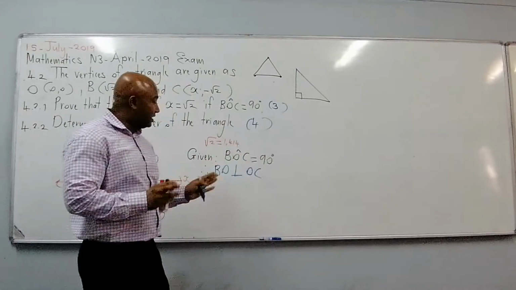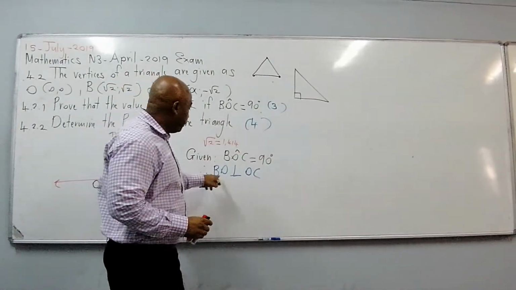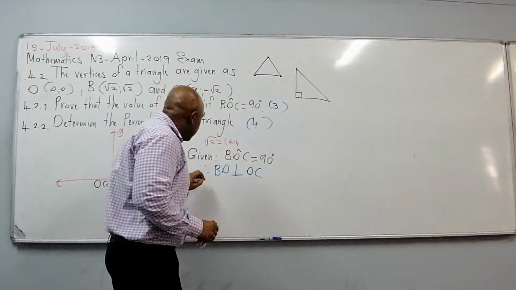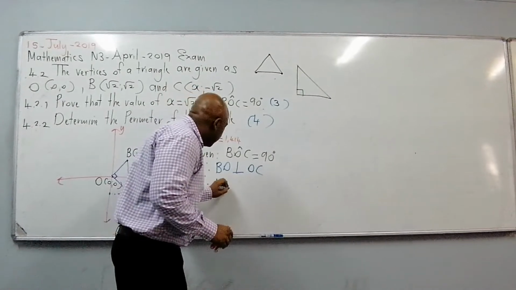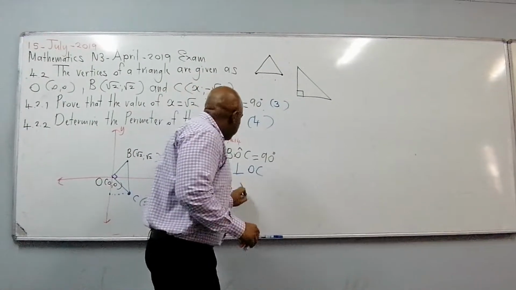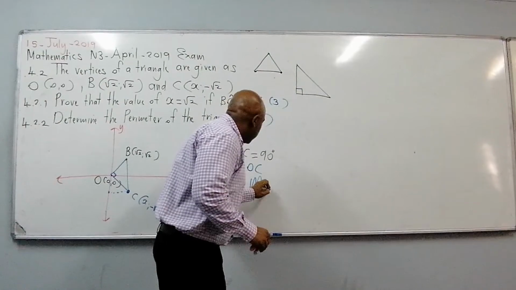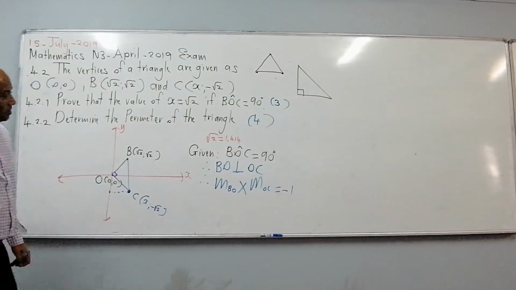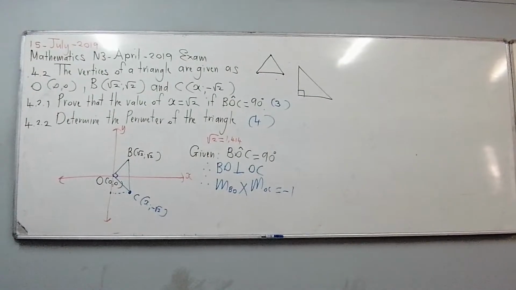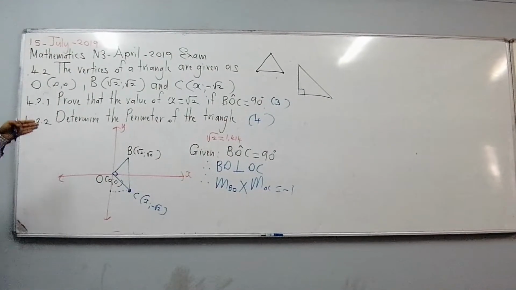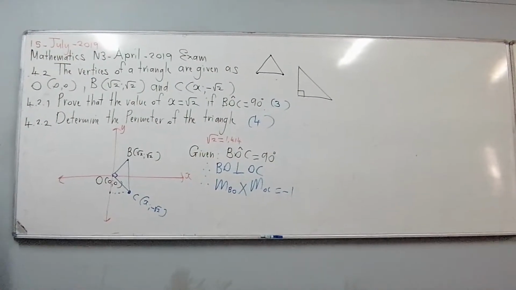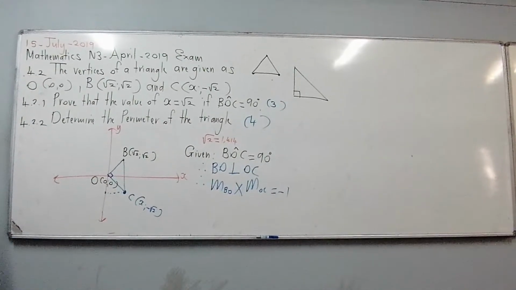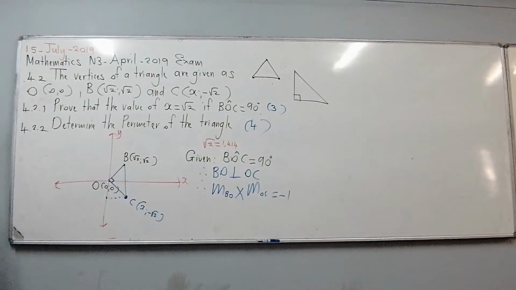Those are all the facts that come from there. So therefore, BO is perpendicular to OC, so the gradient of BO times the gradient of OC is equal to minus 1. That's all the information that we can deduce from the fact that BOC is 90 degrees. So what can we do?